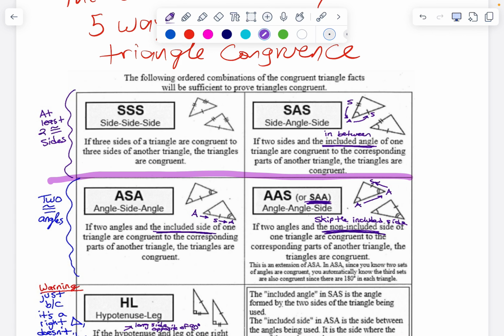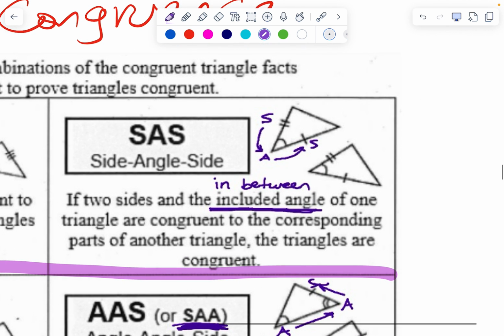Okay, and then the important thing on the second one, we did talk about this yesterday. The angle has to be included, meaning in between the two congruent sides. And so on yours, go ahead and make this note. We have a congruent side, and then we wrap around the angle to the other congruent side. And so you can see the SAS. So order matters.